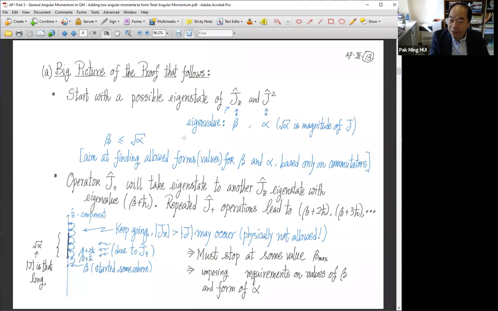I understand not all students like the taste of a 10-page mathematical derivation, okay? Sometimes I even don't like it.